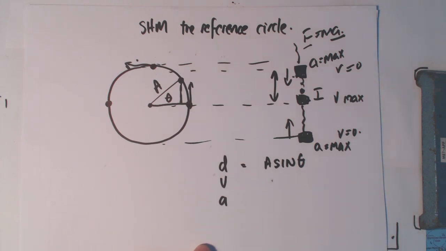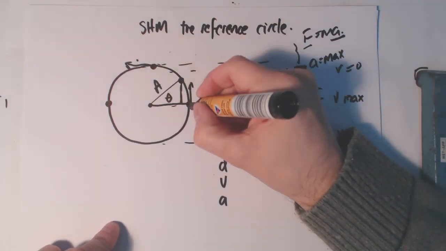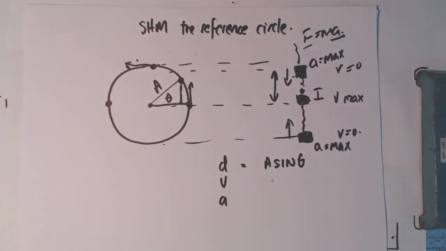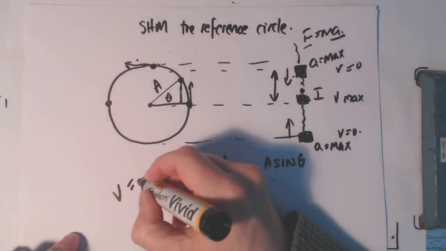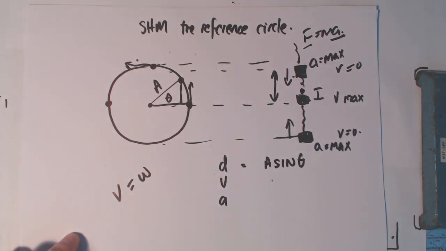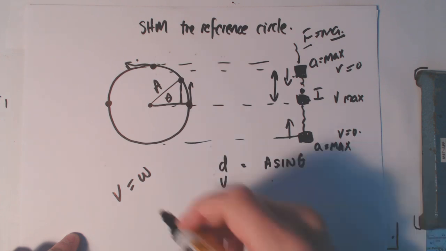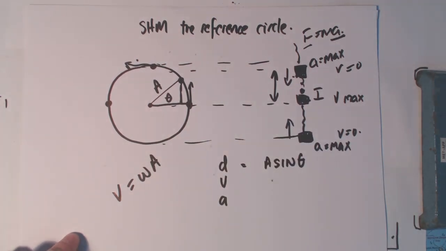Now, we actually have an object going around at a constant speed, and we learned that that speed, V, equals omega times the radius. This was from our rotational work, but our radius is A. Right? So that's the velocity.